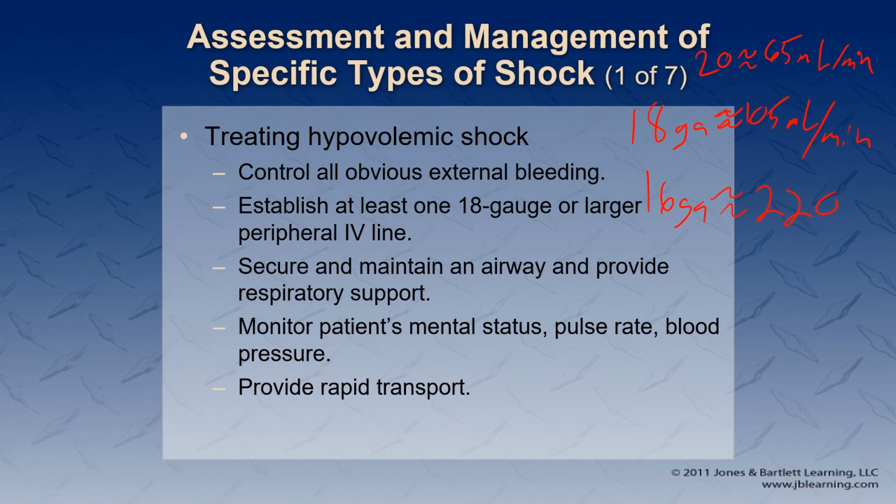But if you're unsure, having an 18 that's in is better than a blown 16. So again, don't be afraid to try 16s. You need to get good with them because they do help these really sick patients. Then it's just ABCs after that and high-flow oxygen.